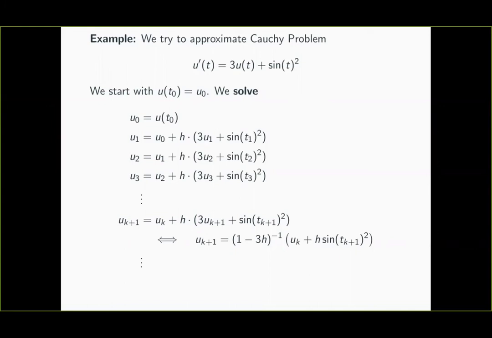Namely, with some algebraic manipulations, we see that uk plus 1 equals 1 minus 3h, to the minus 1, multiplied by uk plus h times sine of tk plus 1 squared. All the terms on the right-hand side of that last equation are already known, and so we can just plug in uk to get immediately uk plus 1.